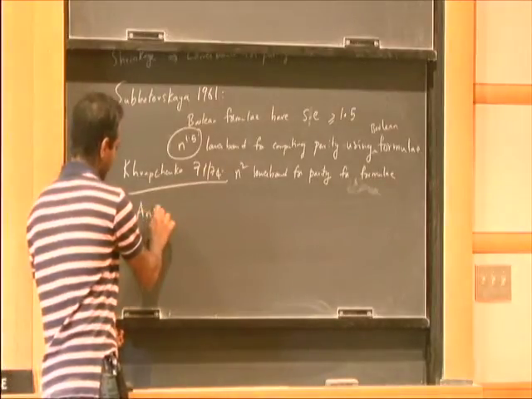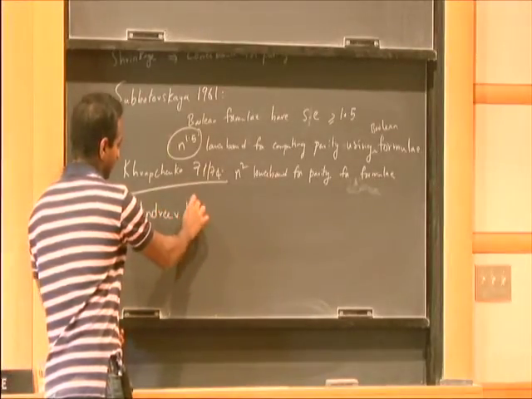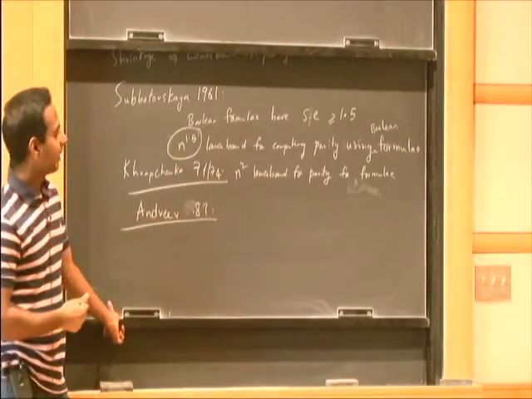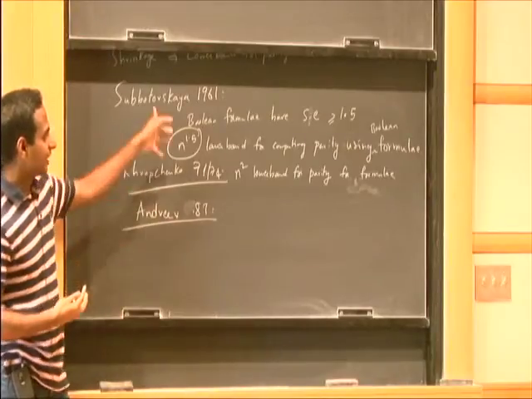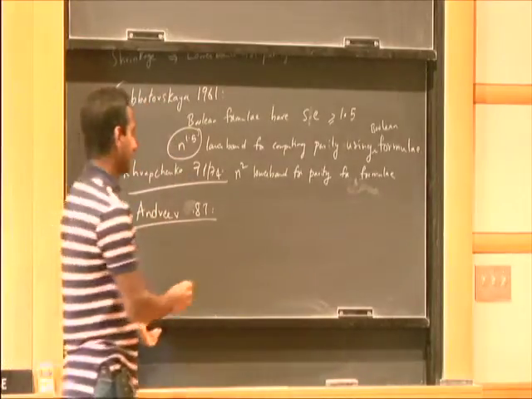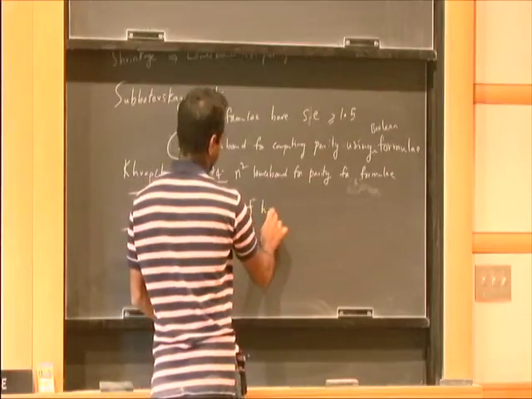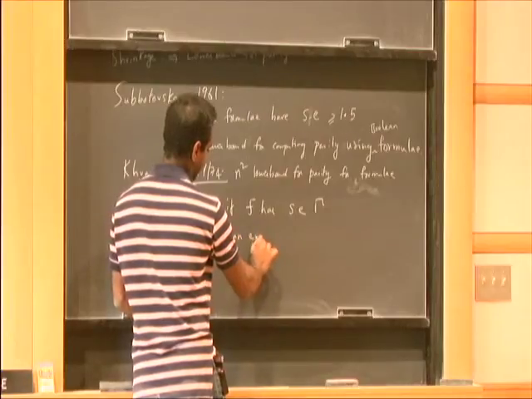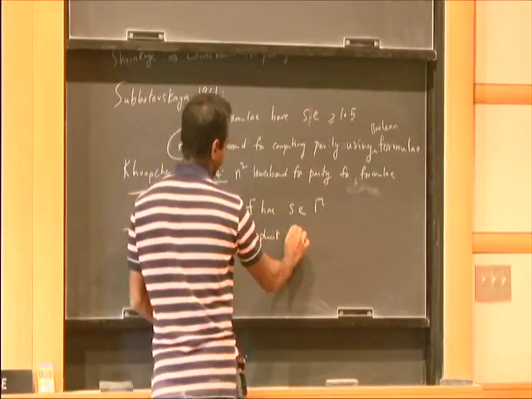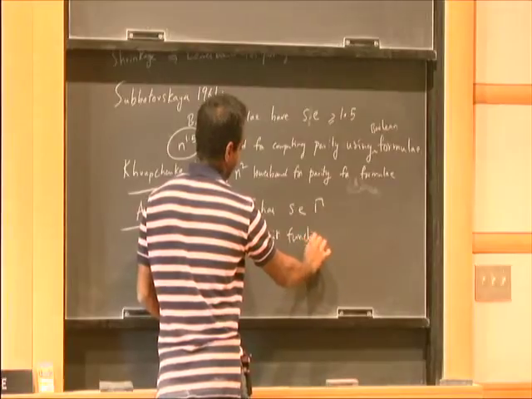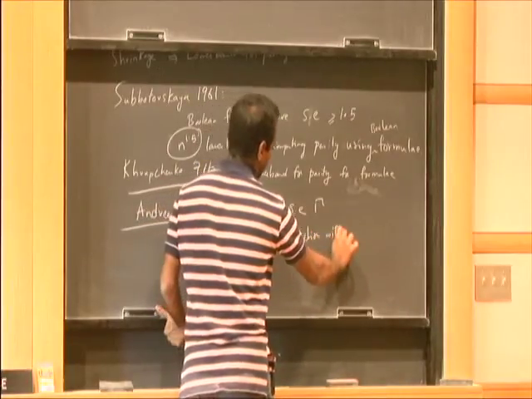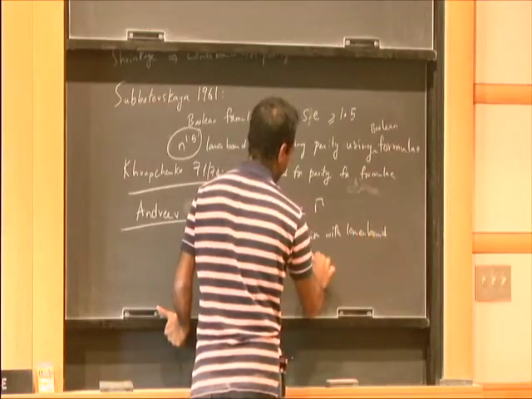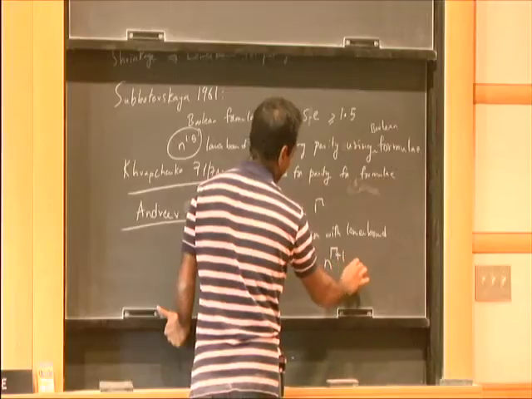And Andreev in 1987 gave a very nice unification of all of these things, and he showed that if f has shrinkage exponent gamma, then there exists an explicit function with a lower bound of n to the gamma plus 1.